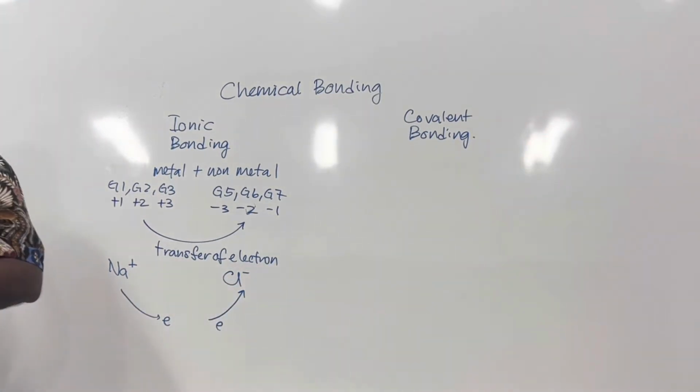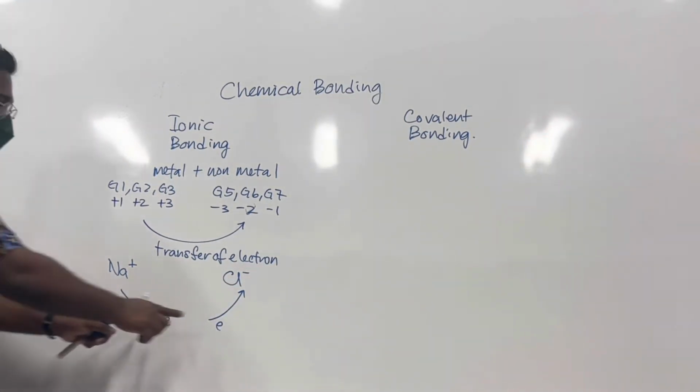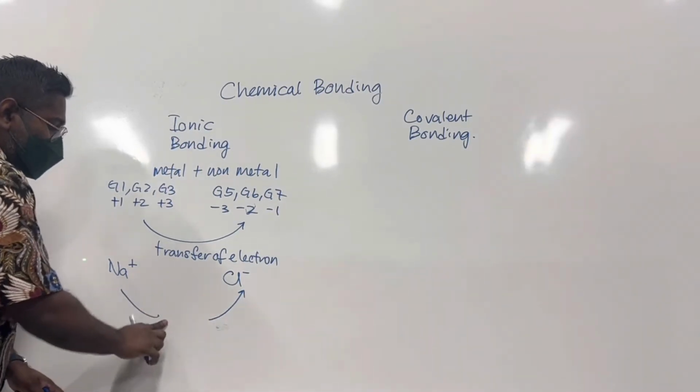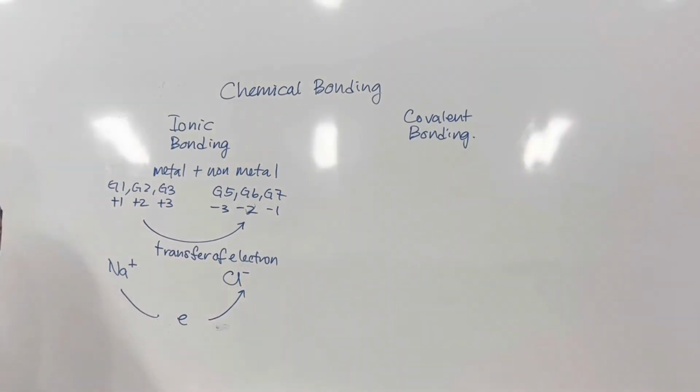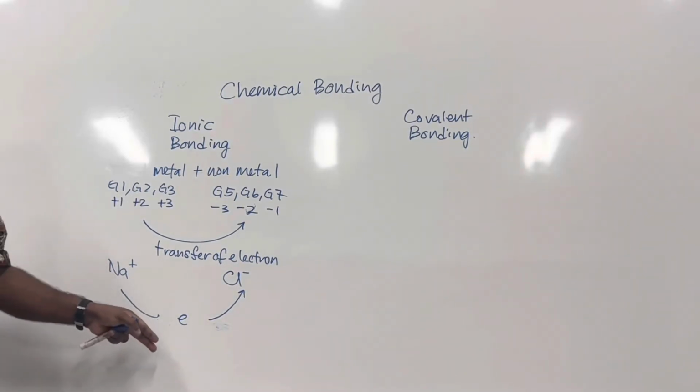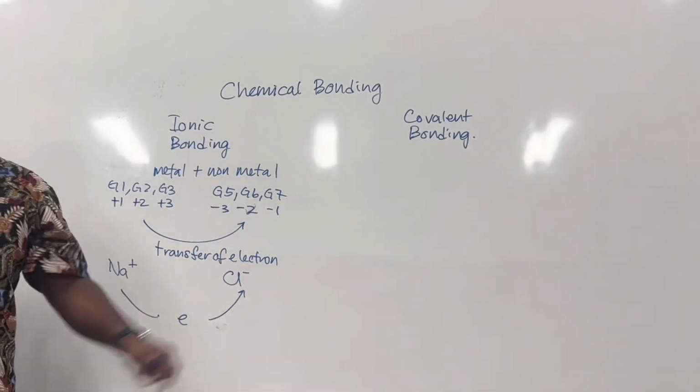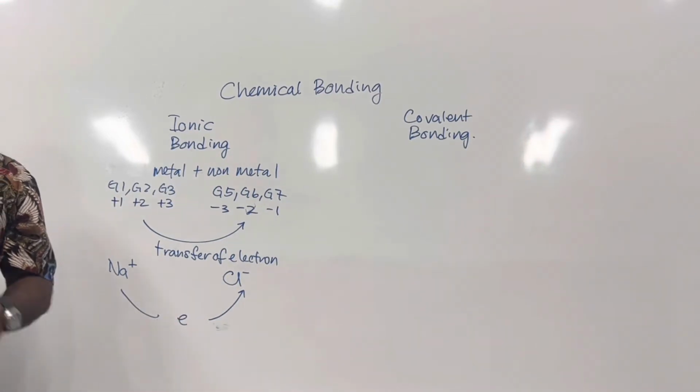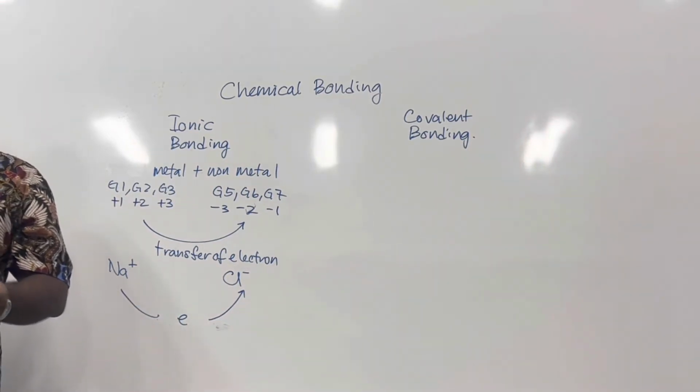And the similarity here is that these 2 electrons belong to the same transfer. It means that's the electron that is moving over there. Sodium is transferring the electron to Cl, making it Na+ and Cl-.